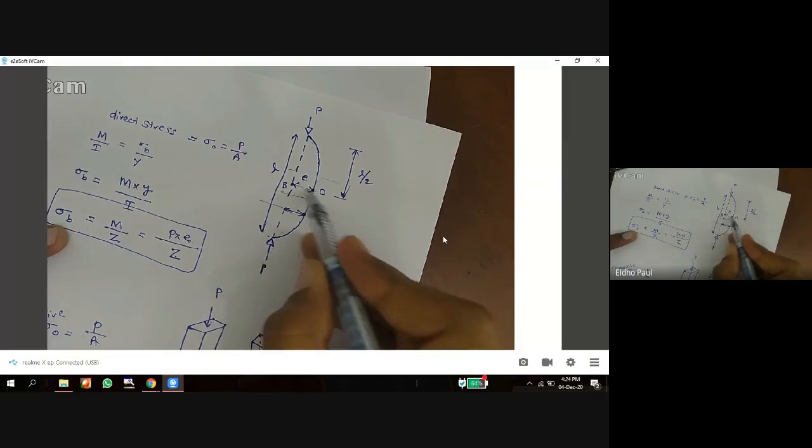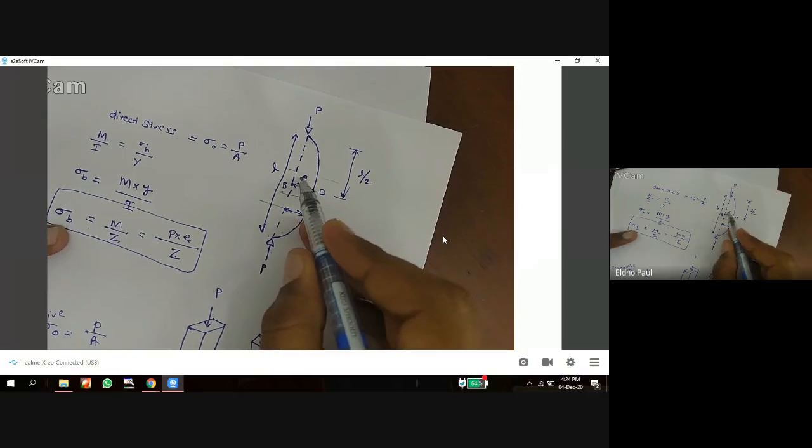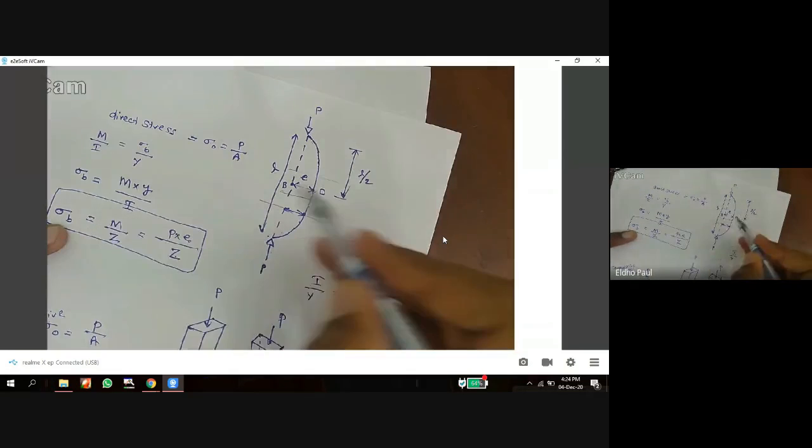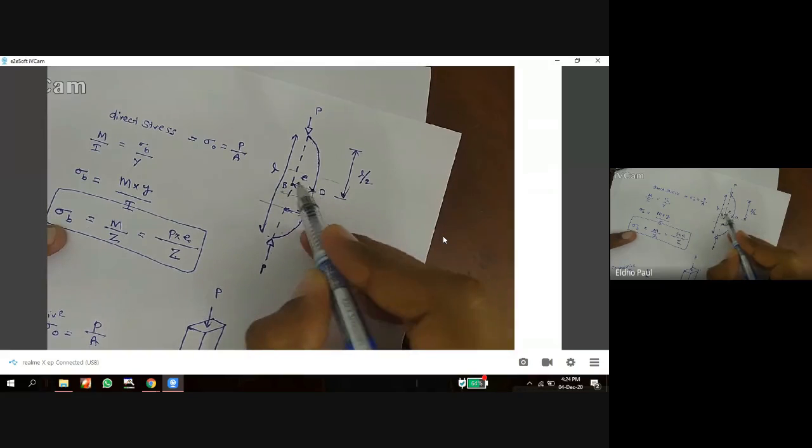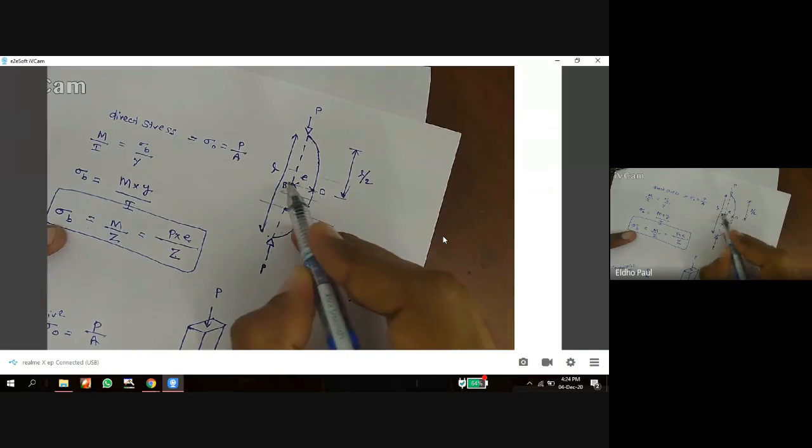At the center the deflection, or buckling, is maximum, so e is maximum and sigma B will be maximum at this point, anywhere in the center.